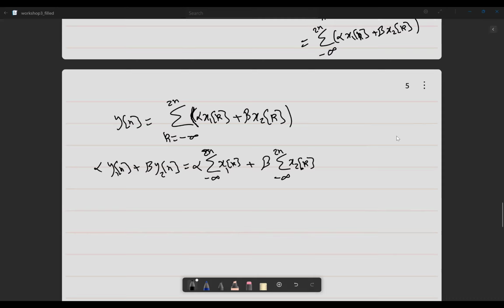I think so, because you can separate the summations, and since alpha and beta are constants, you can put them in front. Yeah, that's correct. Those are the same. So this system is linear.